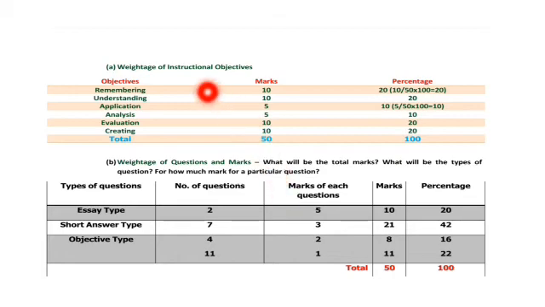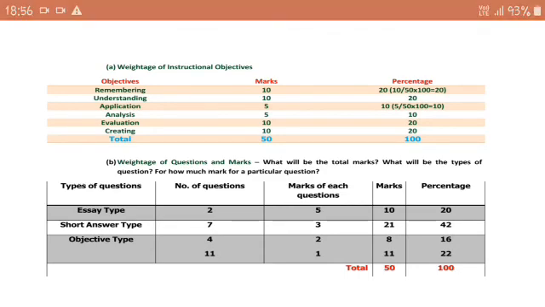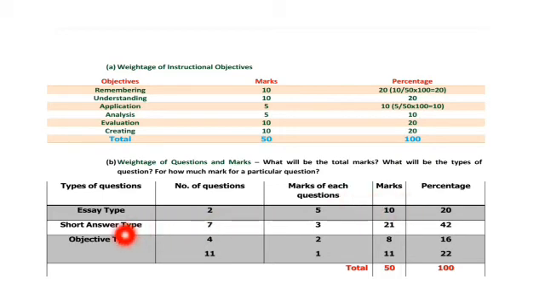Then the instructional objectives for each level. Out of these 50 total marks, how many marks will be distributed for each level? Okay, there is no specific ratio. You're free to decide. Then you also have to analyze how you're going to distribute the questions and the marks, keeping in view the types of questions.